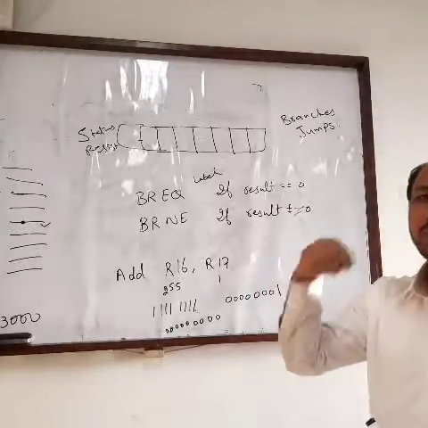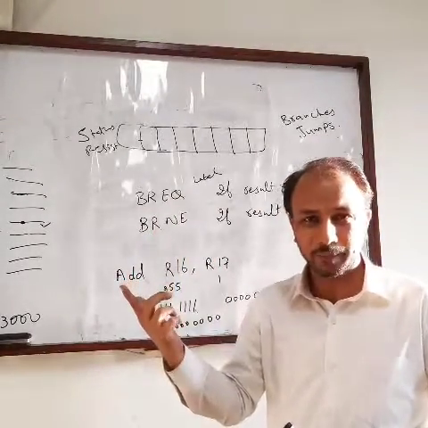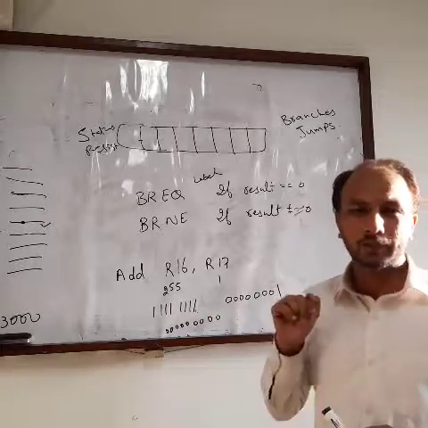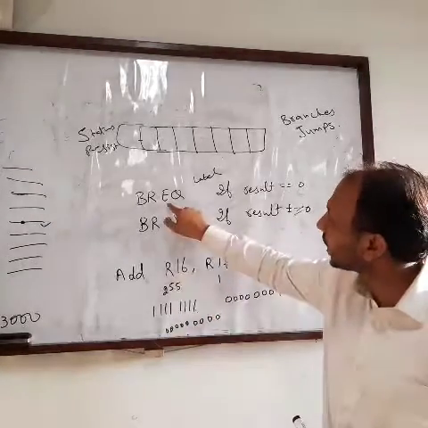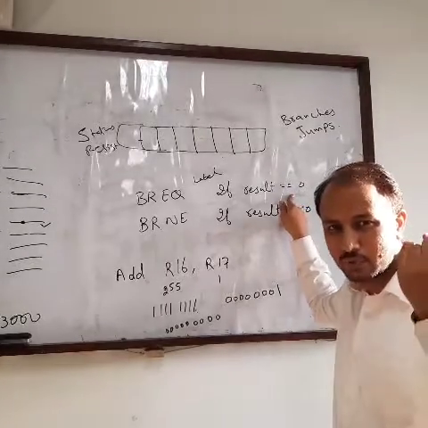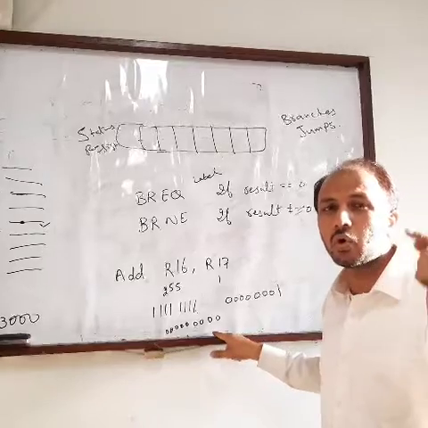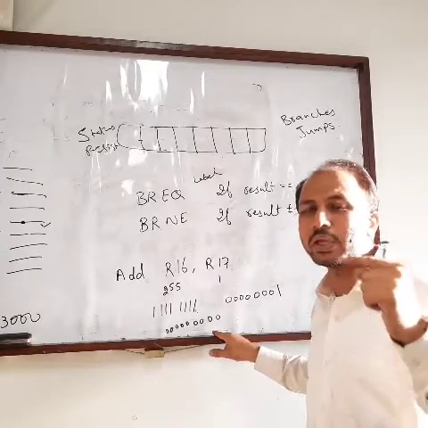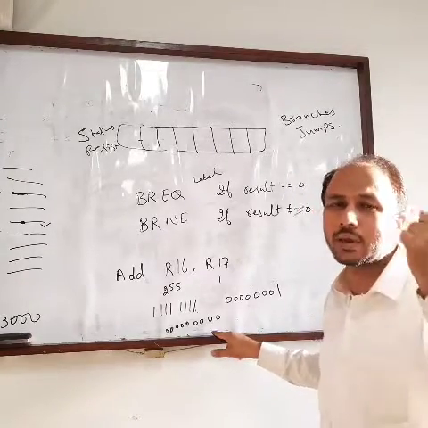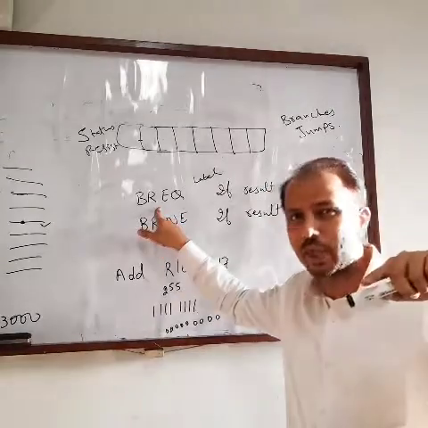At the same time, our carry flag and Z flag will become high. So when the Z flag becomes high, this condition becomes true. When our result is 0, our Z flag will be high, and this instruction is actually checking the Z flag.